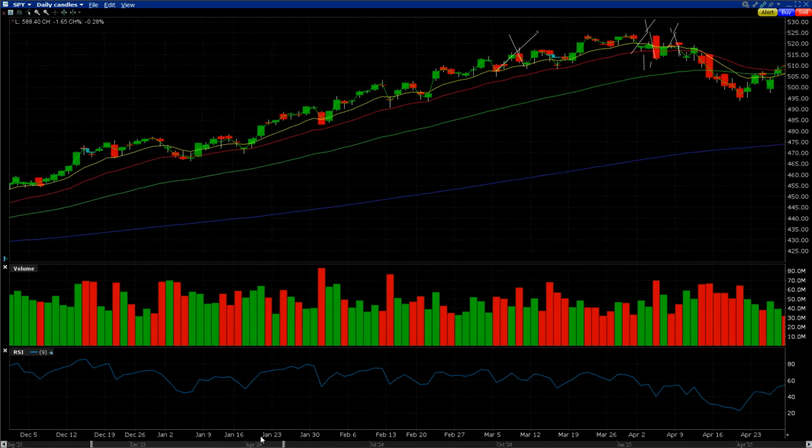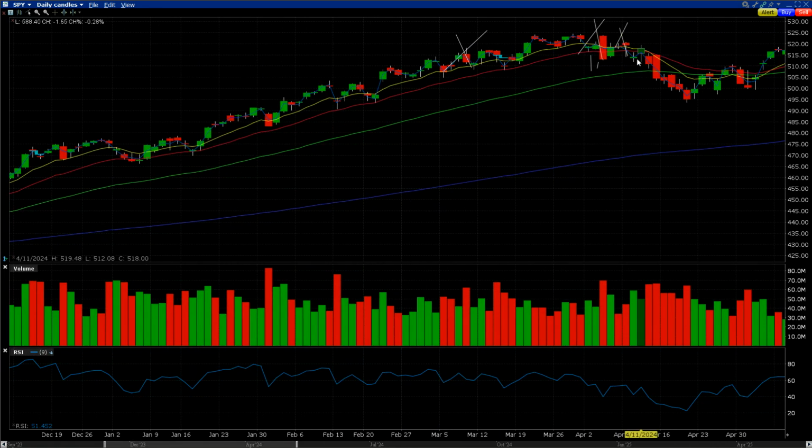Okay. We started then failing with lower highs down through this sequence here. I don't think that's an outside bar. It is not. Okay. The wick is above the high here. So that's not an outside bar.